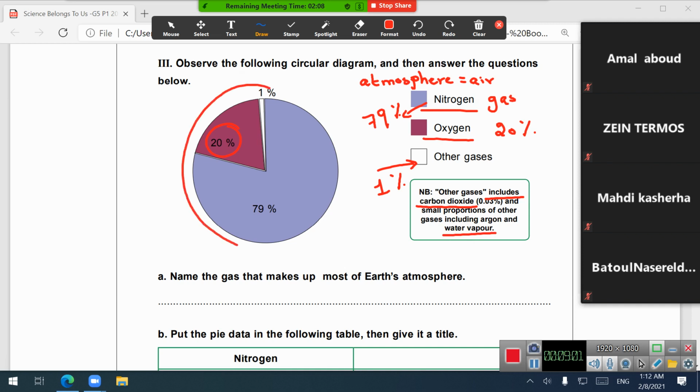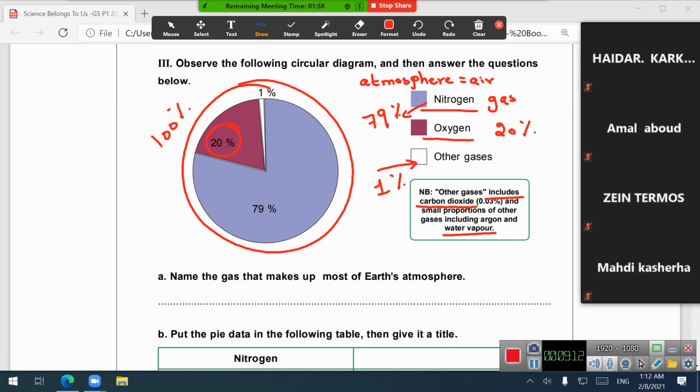So the Earth's atmosphere is 100% gases. These gases are divided into oxygen, which we need for the respiration process and which is released by green plants during photosynthesis, and also nitrogen. Nitrogen is the largest amount of gases that the atmosphere is made of.